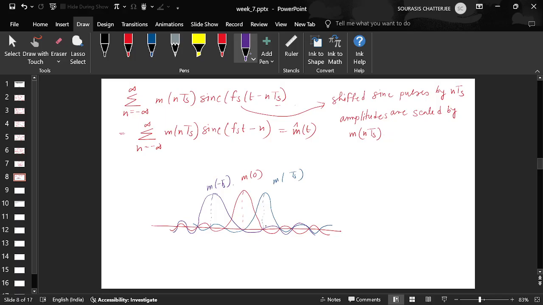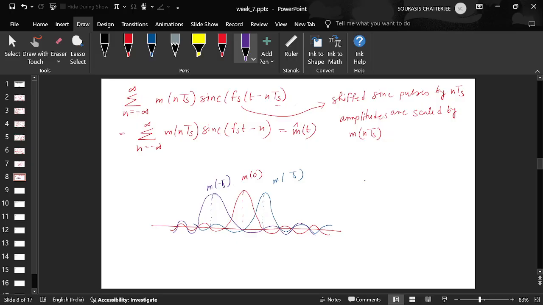The drawing is actually not very good, but you can assume you will have other sinc pulses. But the most important point is that for one particular sinc pulse, at the point where I am sampling corresponding to that sinc pulse, the contribution from all other sinc pulses is 0 there. So basically they are not interfering, and that is ensured when you follow the Nyquist criteria. So this reconstruction of the original signal happens by interpolating the sinc pulses only.